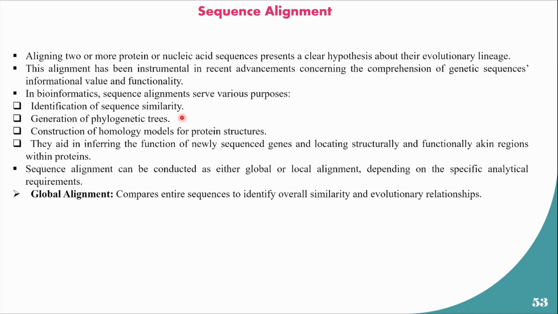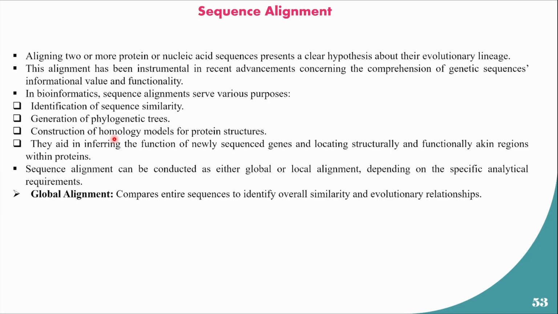It would also be useful in other ways. You could generate phylogenetic trees. These trees represent the evolutionary relationships between different species. You can get that information. You can do homology modeling for protein structures through the use of sequence alignment. Let's say you have some protein where the structure is not determined yet, or a certain small region of a protein where the structure could not be well defined in a crystal structure, then you can align that protein's sequence with some other sequence where the structure is already available.